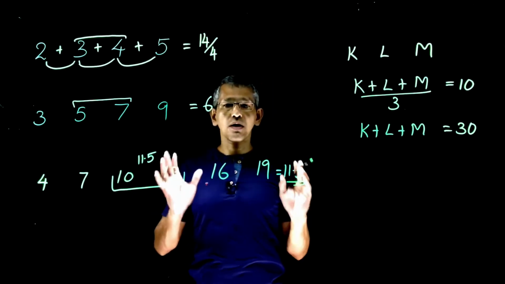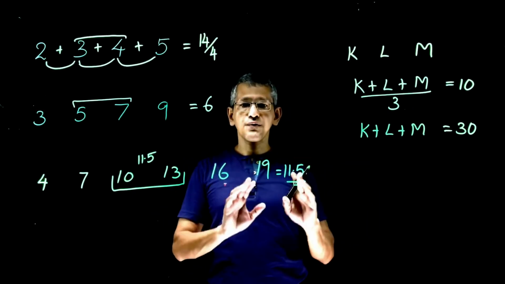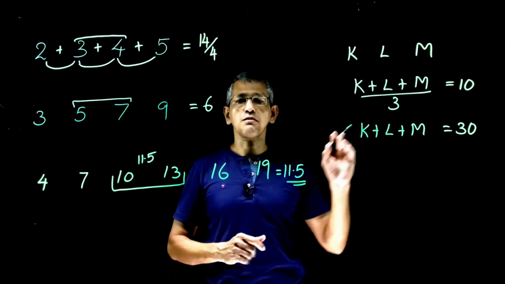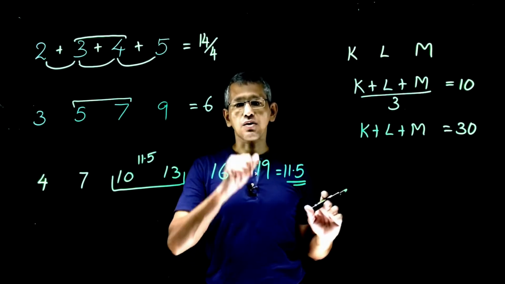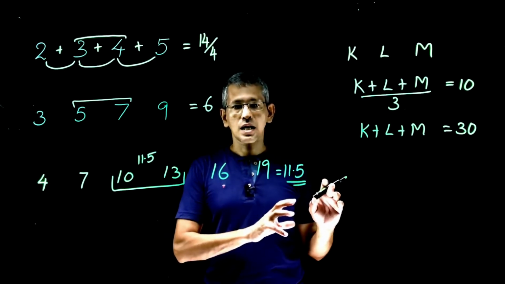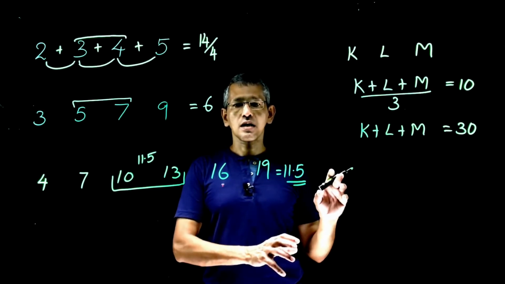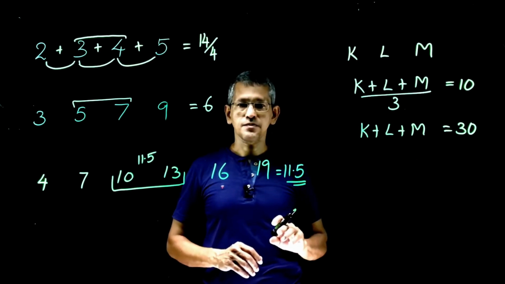So what is given to us: the average weight of these 3 boxes is 10. And if we take away one box from this and replace it with another box, the average weight increases by 1 kilogram. Then what would be the difference in weight of these 2 boxes? One is taken away, the other one is replaced.